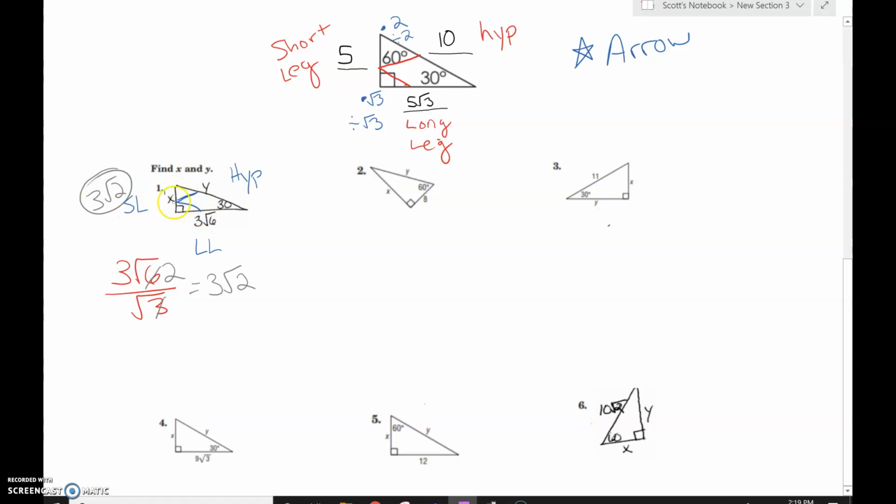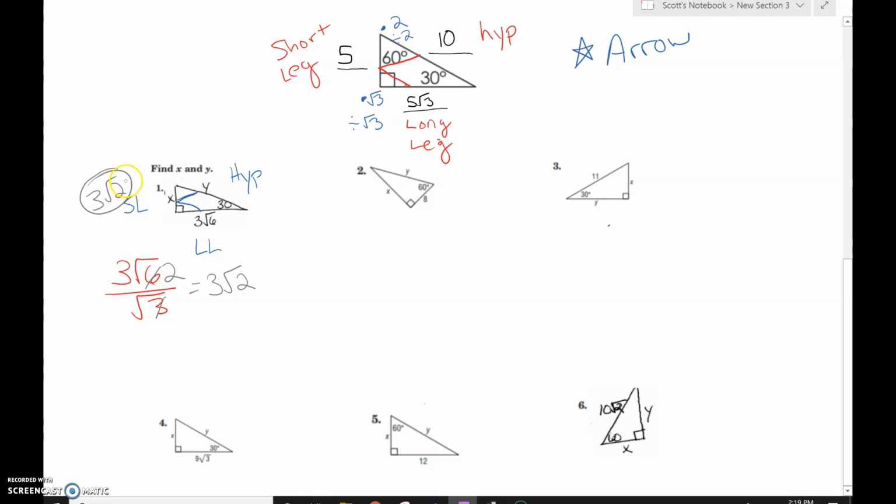Now I'm traveling along this arrow. I have x, 3 square root of 2, and I travel from the short leg to the hypotenuse. I need to look back up here. Short leg to the hypotenuse, I ask myself, what's the pattern? How do I get from 5 to 10? Multiply by 2.